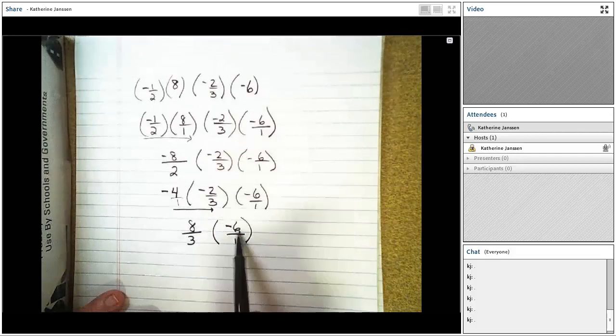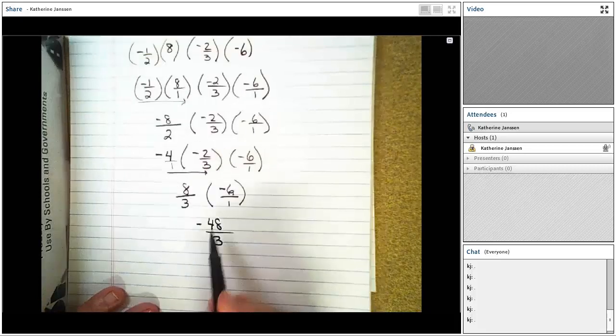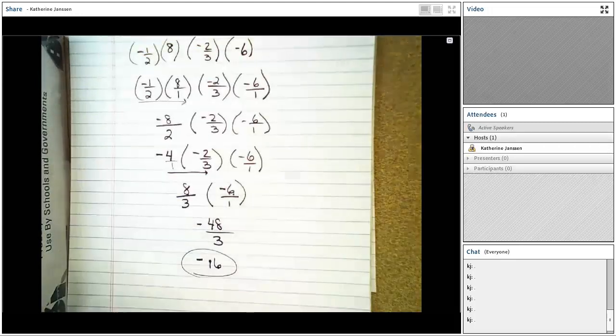A positive times a negative is going to be negative. 8 times 6 is 48 over 3 times 1 is 3. 3 does go into 48. 3 goes into 48 16 times, so the answer is negative 16.